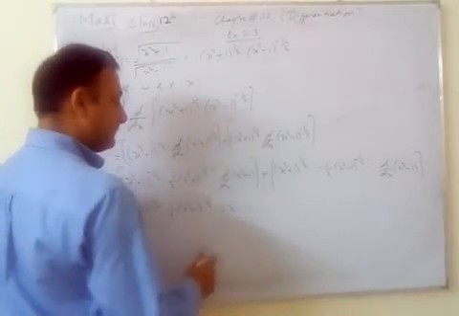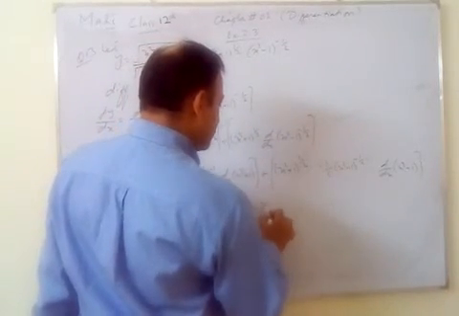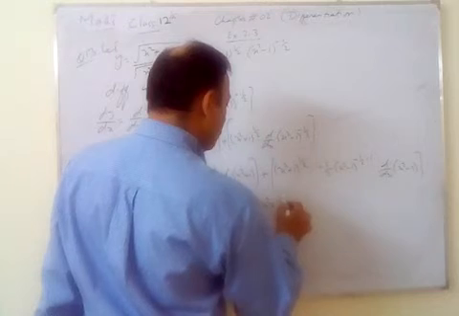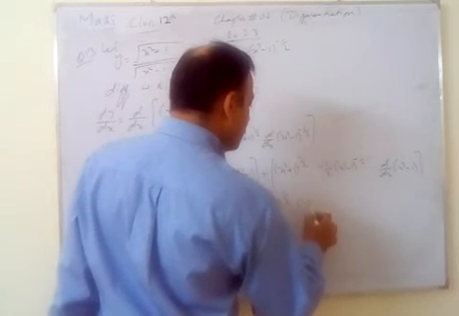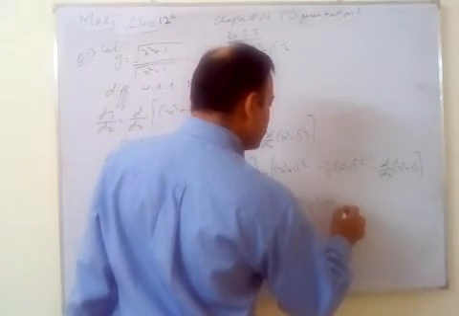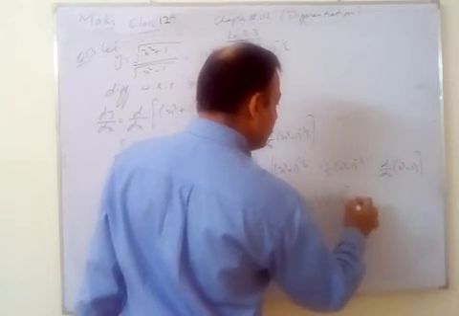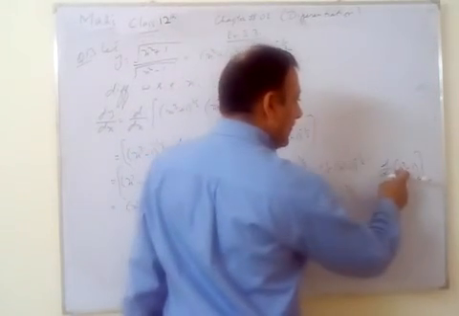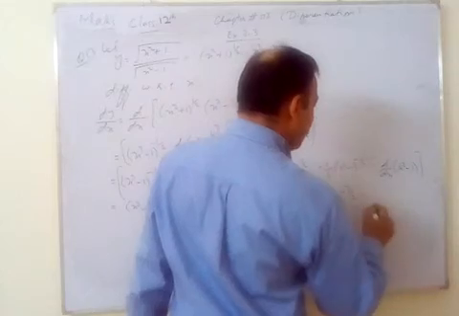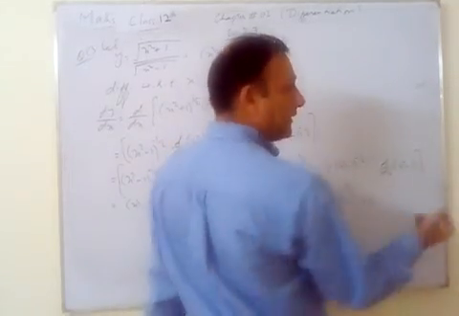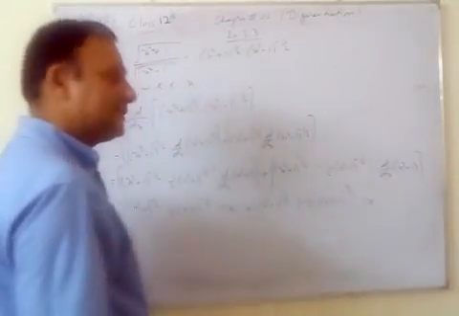So plus (x square plus 1) power 1 by 2 into minus 1 by 2 (x square minus 1) power minus 3 by 2, x square derivative is 2x, minus 1 is constant, so derivative is 0.